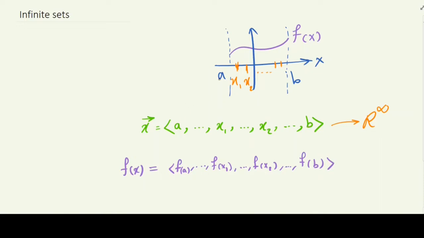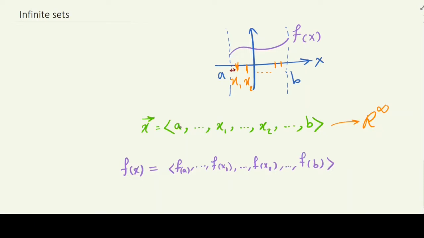For example, the first coordinate is going to be a, and then from a to x1, from here to here, you're going to have infinite points. Each of those points can be one coordinate of this vector.